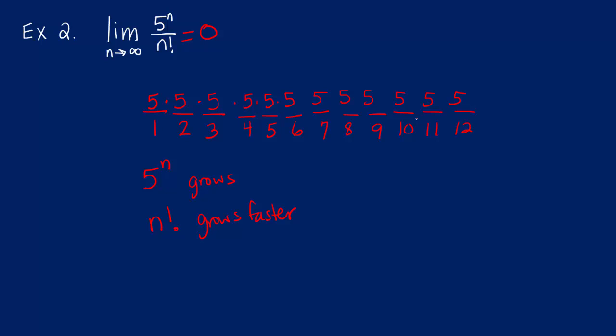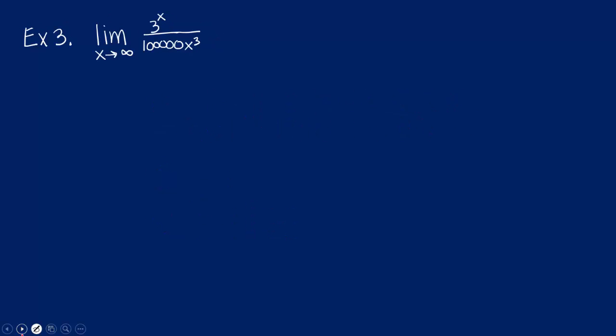The bottom would be so big compared to the top. That's the same thing as saying 0. So this idea of growth, looking at the numerator compared to the denominator and thinking about growth, let's use that to finish the next example.